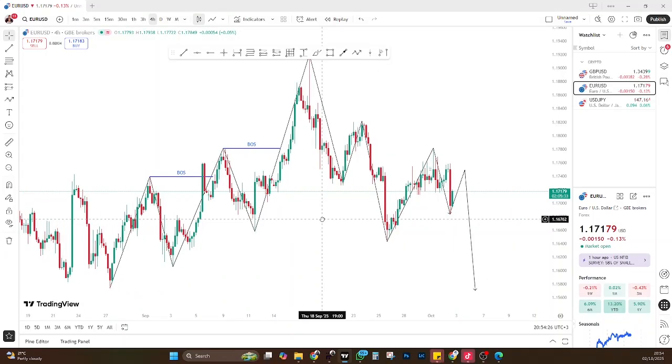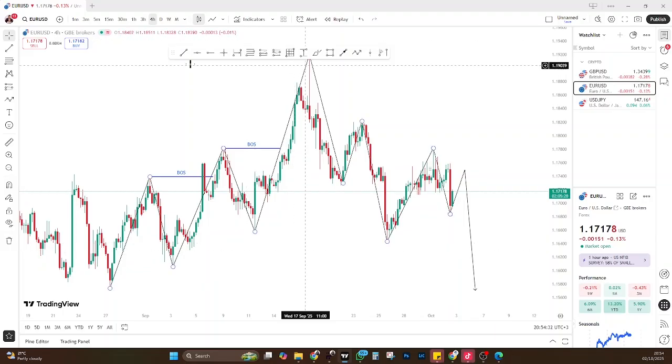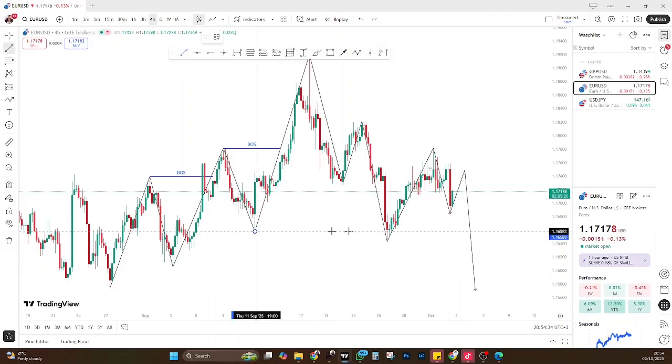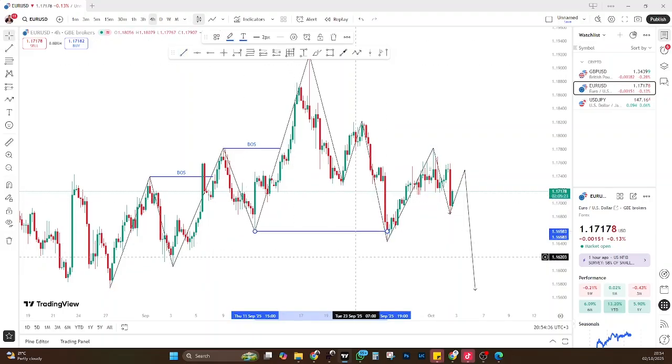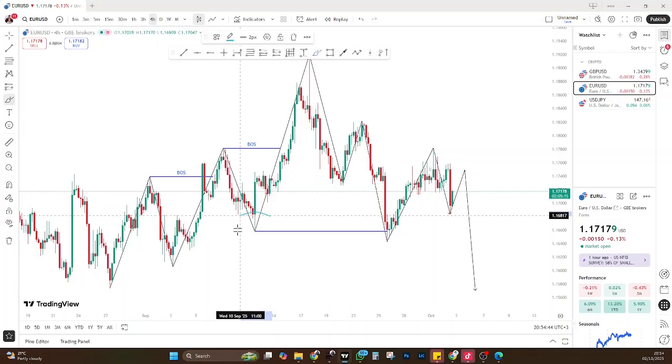But I want you to look at this. Let me make sure I'm seeing it perfectly. Here, the market did not break this high. What it did, the market broke the previous low, that low.